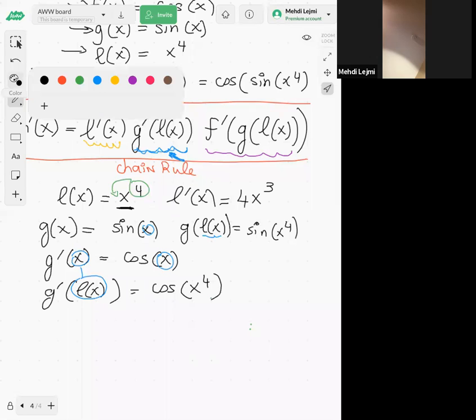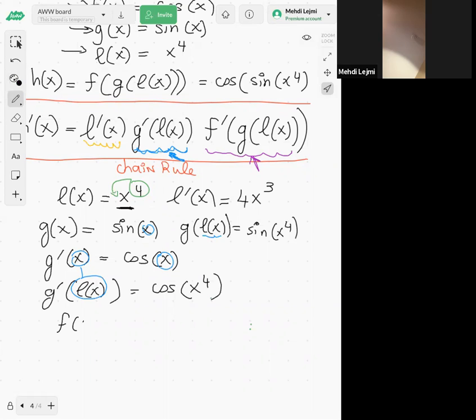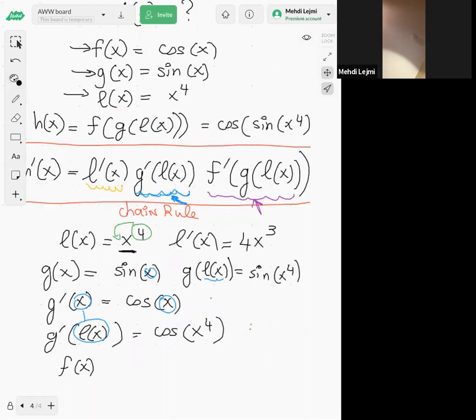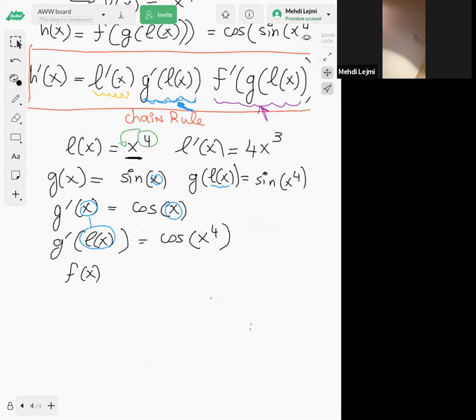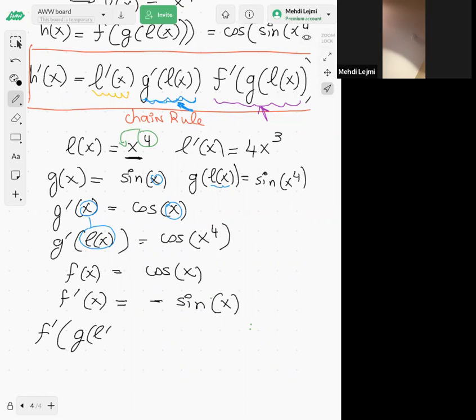Now, again, in the formula, we need f prime of g of L of x. So first, what's f prime? Well, f of x is cosine, so f prime is minus sine. But then we need f prime of g of L of x, so we need to substitute x, this x here, by g of L of x.